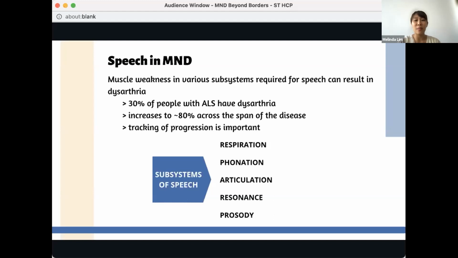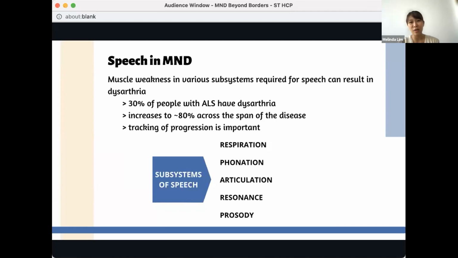So this is one of the things that we've been trying to track as speech therapists, across sessions, to have a look at how clear our patient's speech is, in order to track how fast the progression is. This is helpful for us because, due to resource limitations, we can't see these patients every week or every other week.